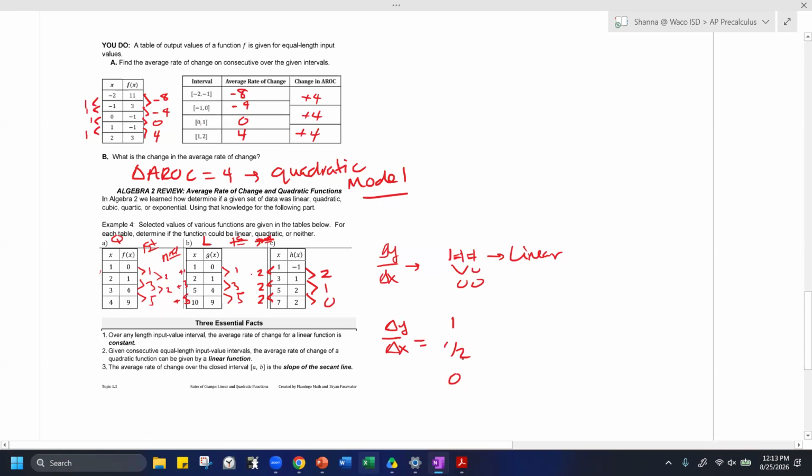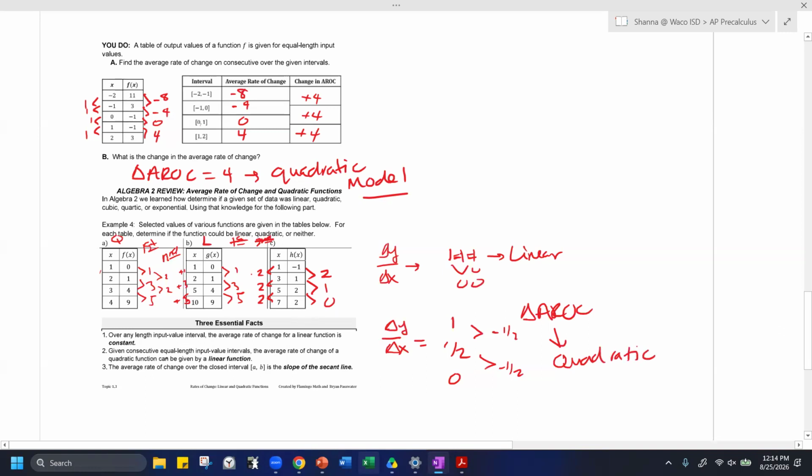Not the same, so it's not linear. So then we're going to look at the difference of those: -1/2, -1/2. So the change in the average rate of change is the same, it's constant. And because of that, this is a quadratic.